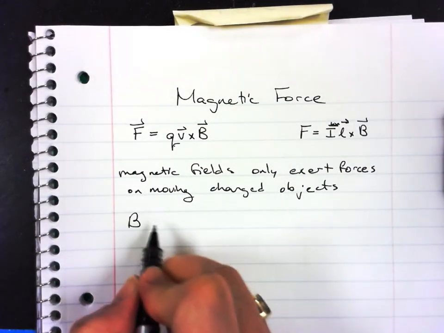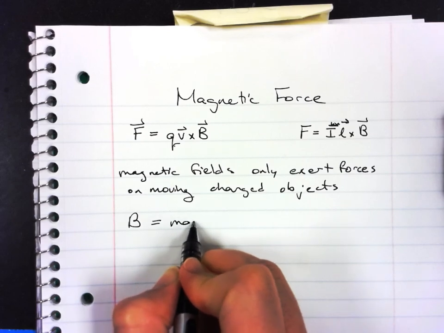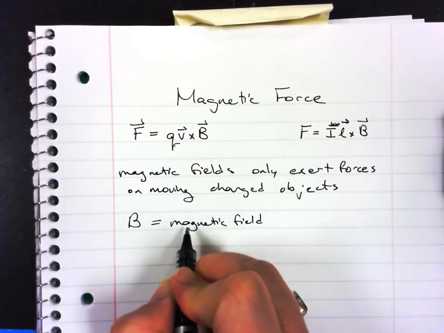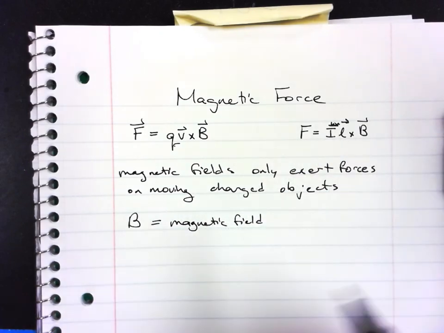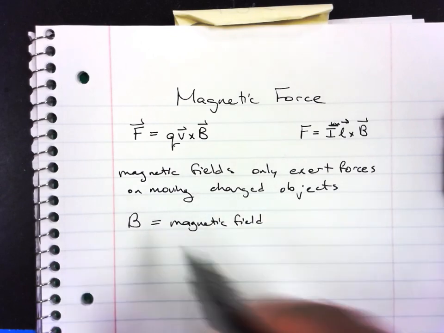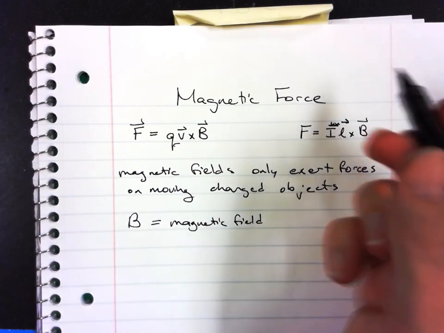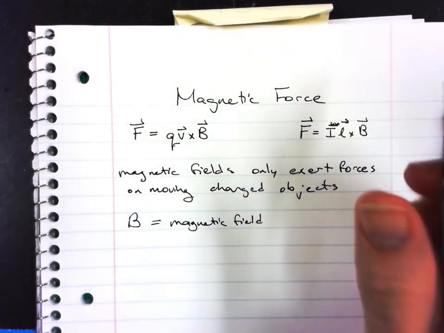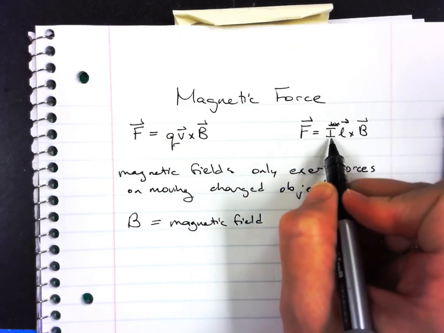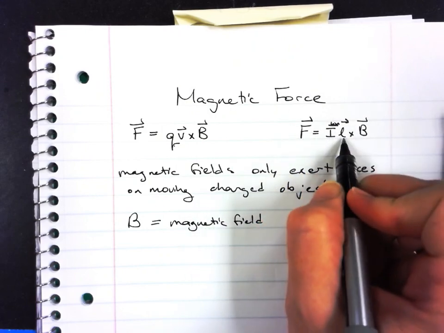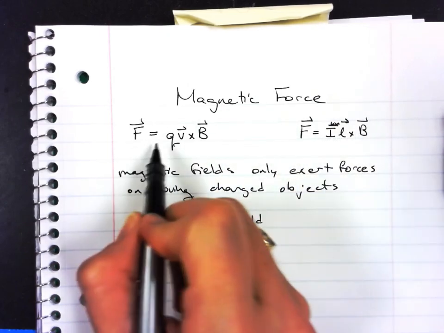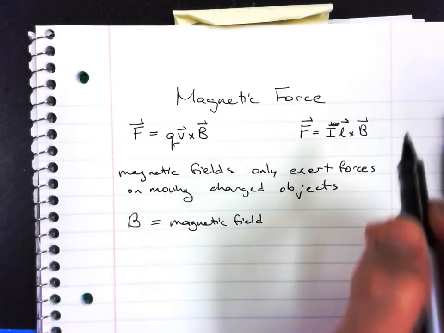B is the symbol for magnetic field. No one knows why. Just like I is the symbol for current, no one knows why. B is the symbol for magnetic field. So this equation, by the way, says there's also a force on current that has some length in a magnetic field, because current is moving charges.